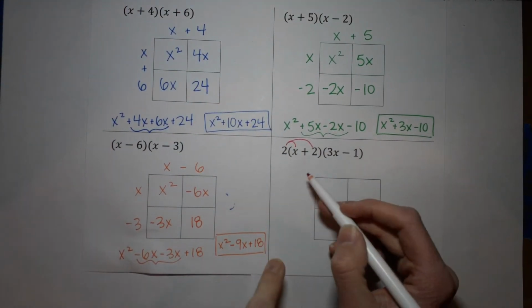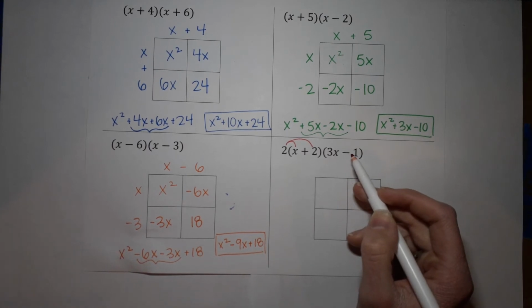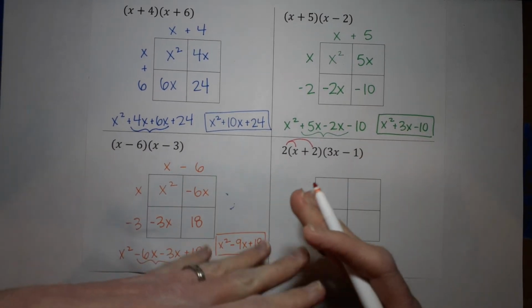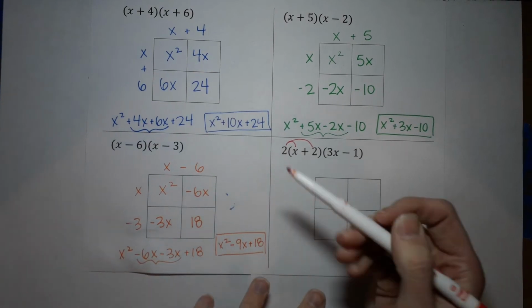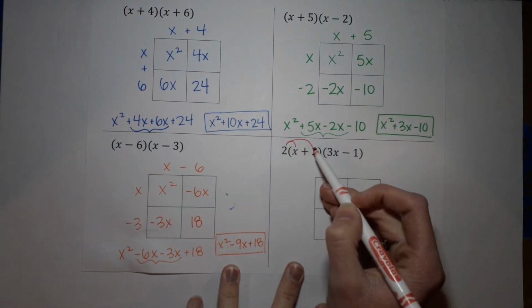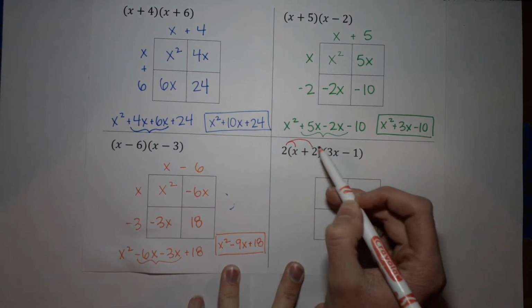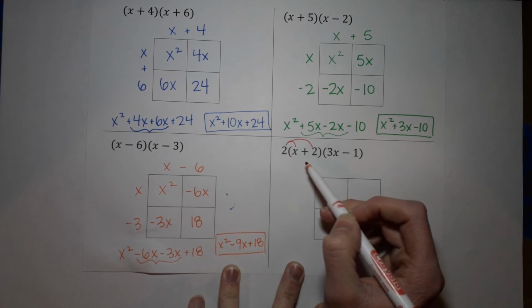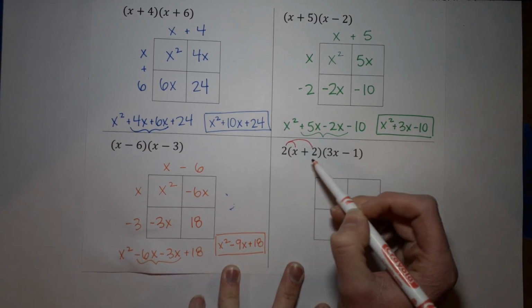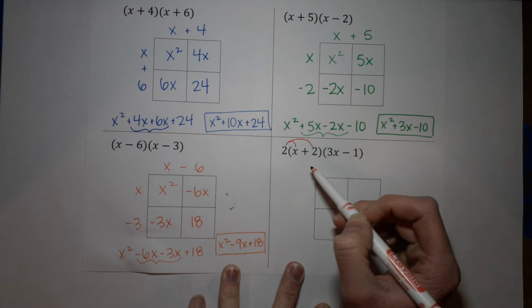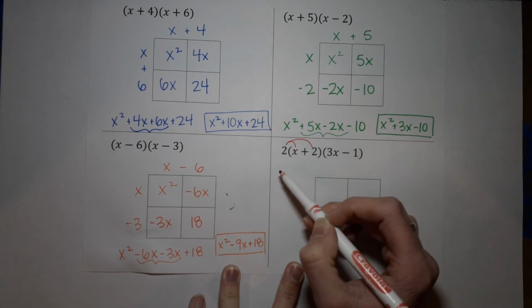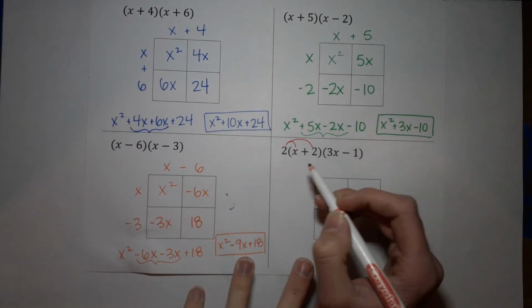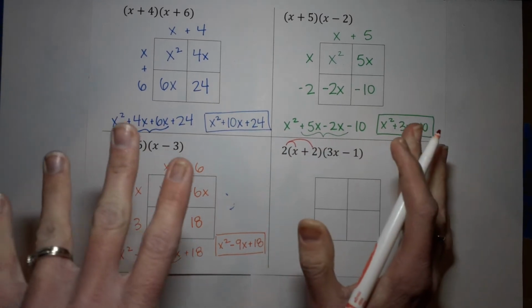The reason I'm not distributing it there as well is it would give me an extra 2, if that makes sense. Once I distribute it into here, it'll be in here. And then once I multiply that new product with this one, the 2 will get to that one. So they will all end up being multiplied.